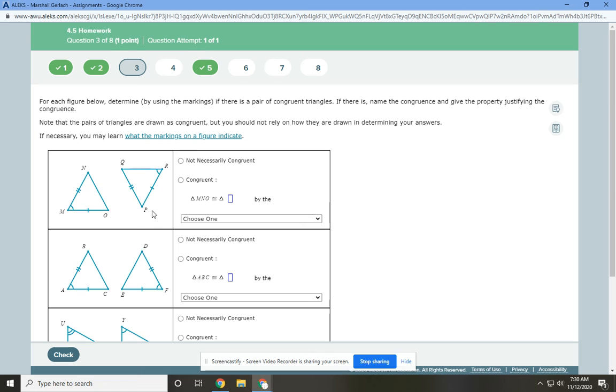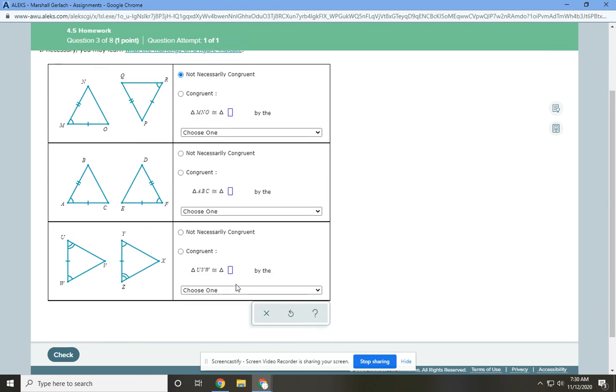It'll hit P. And when I slide to P, if you notice here, M to O goes here, and across from me is my 2. But when I slide down my 1 here, beside me is my side 2, which means that they don't have corresponding parts, so they're not necessarily congruent.